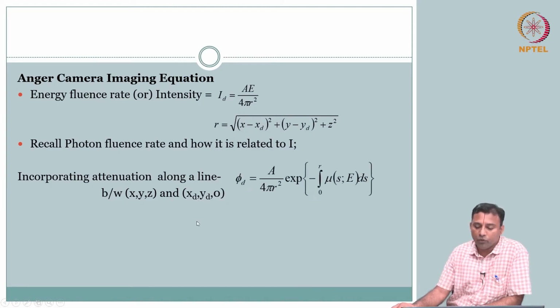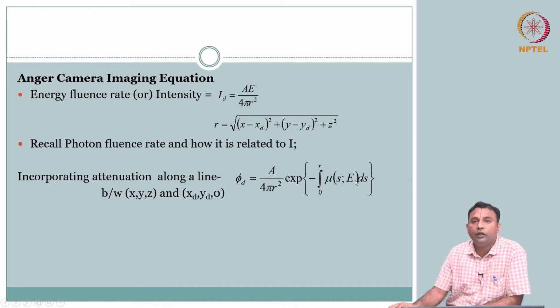If we do that, we can write phi_d, instead of I, in terms of photon fluence, as A by 4 pi r squared times the exponential of the attenuation coefficient along the line 0 to r.